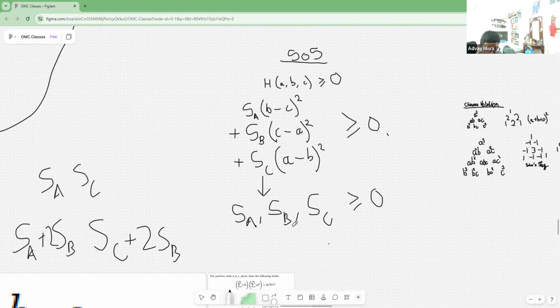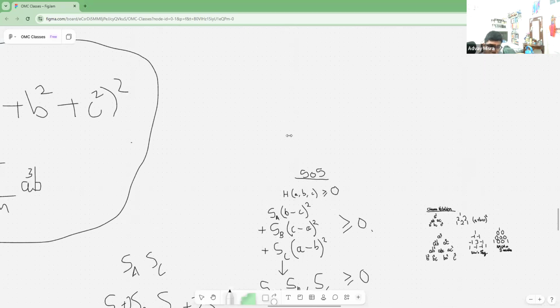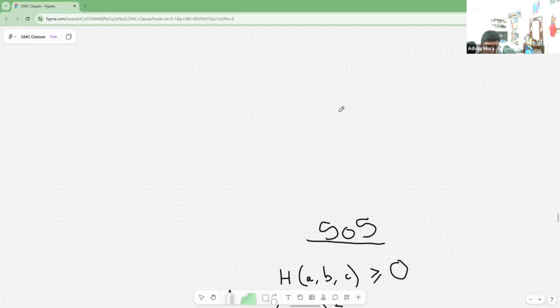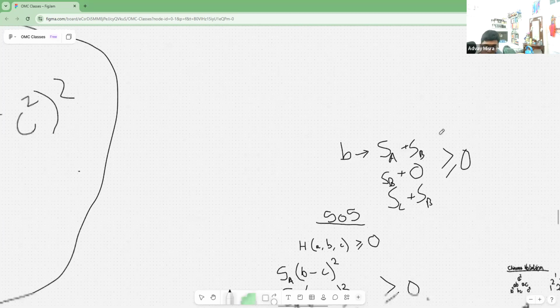Then another thing that we have is that if you take B to be the median, then SA plus SB, 0 plus SB, and SC plus SB are all non-negative, then that's also enough to conclude.